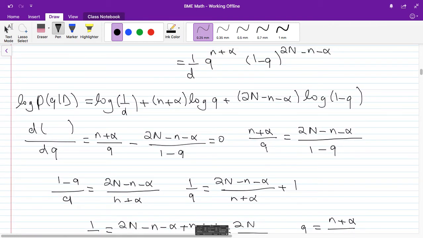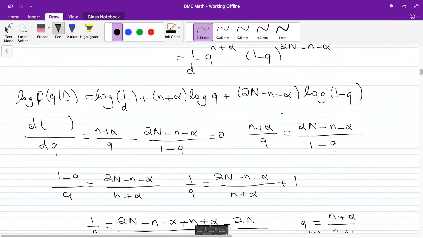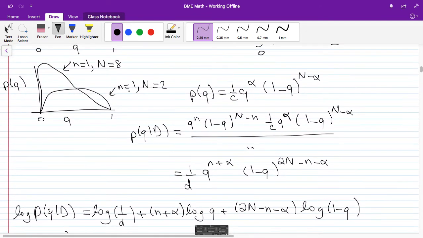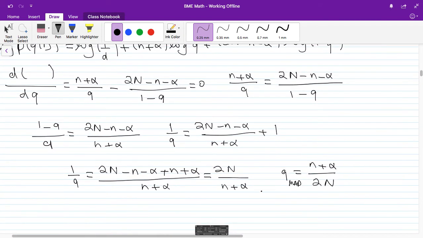Because what it's saying is that you add to your data alpha over capital N. If it was our maximum likelihood estimator, it would be n over N, the number of times that we got the positive result over the total number of results. But what we did is that we had a prior that said we have gotten alpha number of positive results over N number of results. So to become a MAP estimator, it's adding to it fake data, alpha over N, which was our prior.